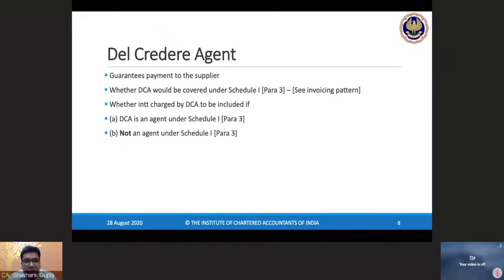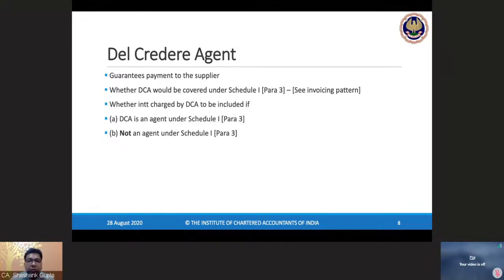Of course, this is an agent, but for us to check whether a particular Del Credere Agent would be covered under Schedule 1 for supplies from the principal or not, we need to separately analyze whether this agent is undertaking supply of goods on behalf of the principal. So what do we need to see? We need to see the invoicing pattern.